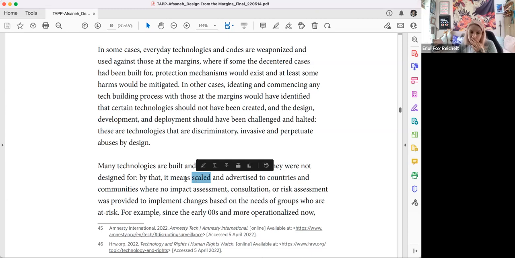But then I want to understand what it means to scale and what it means to be advertised to countries and communities where no impact assessment has been made. I feel like that needs examples, not necessarily in this paper, but I need examples of that happening.